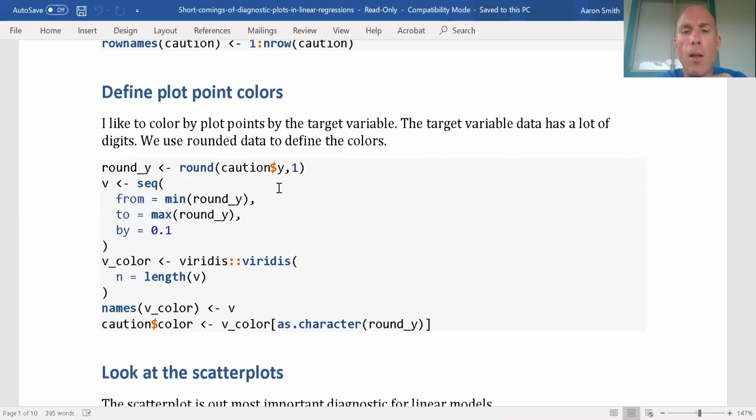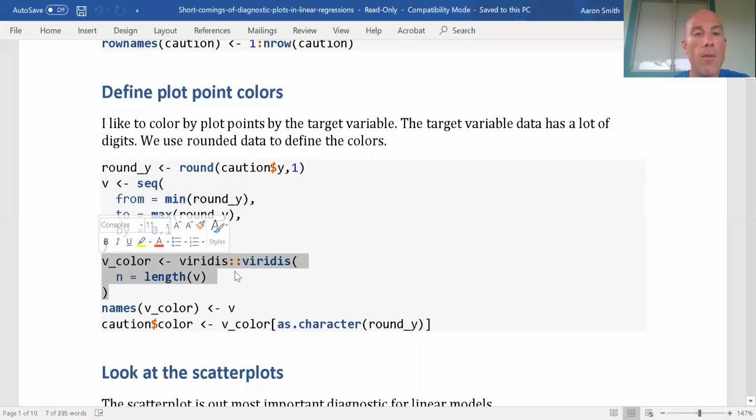For the coloring, I just rounded the values to the first decimal place, and then we use this part of the code to define what the colors are. So I'm actually coloring by the rounded value, not the value itself, but that's close enough visually for what we're doing.